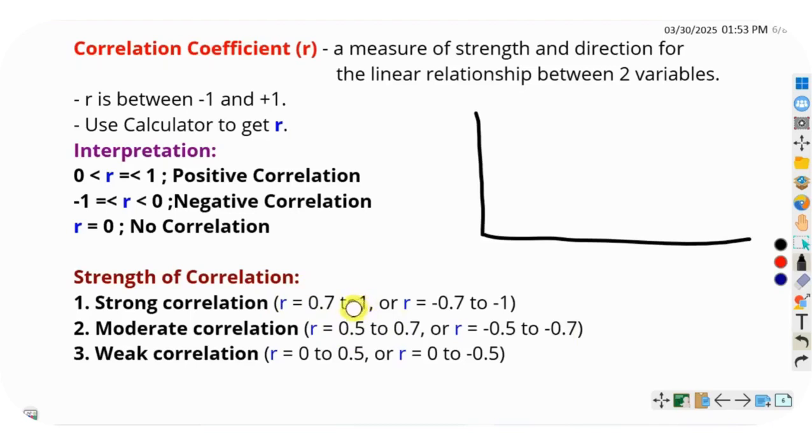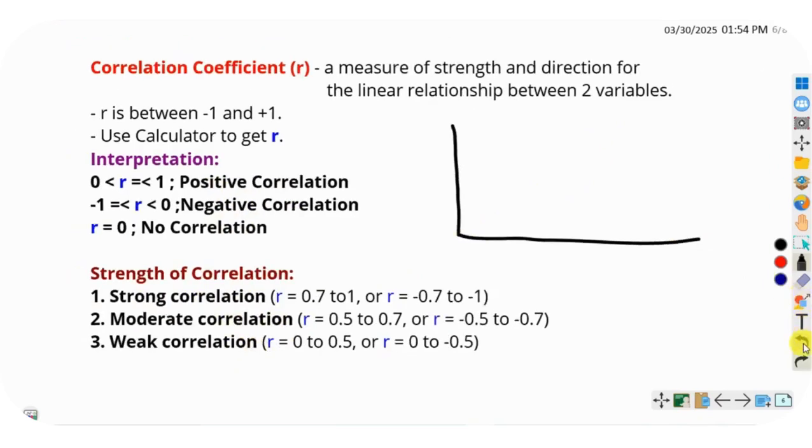If you have 1, it is 100% correlation. All the information is perfectly on a straight line. If all the information falls on this line, that is a 100% strong positive correlation. Okay, hope that makes sense.